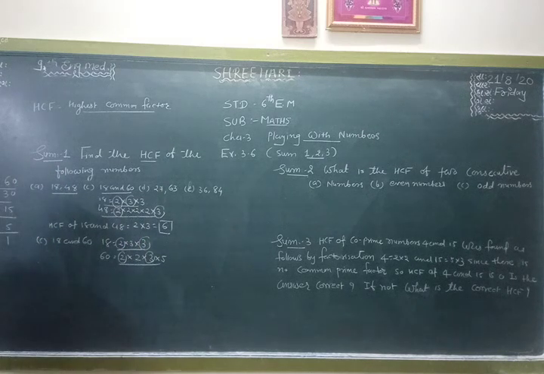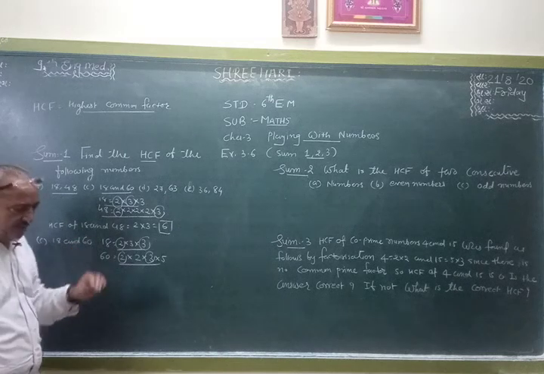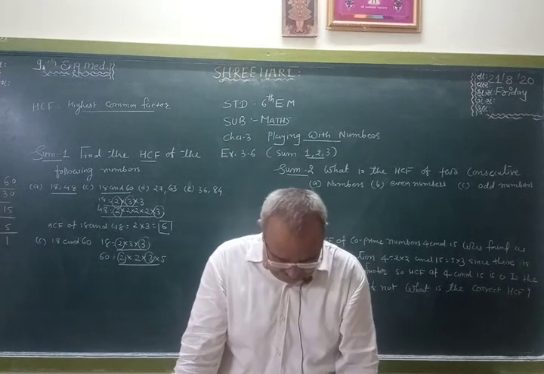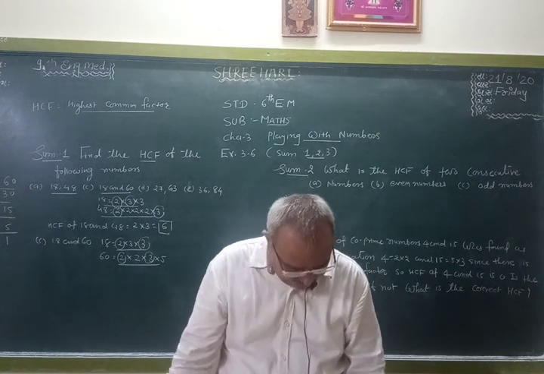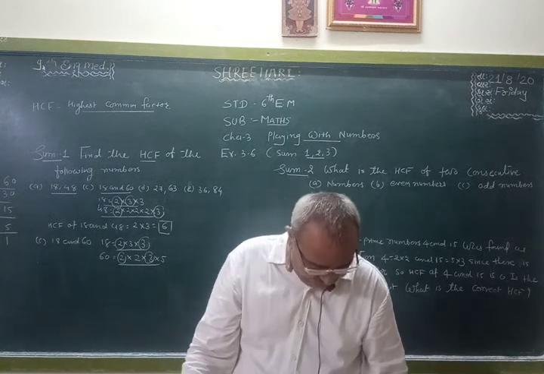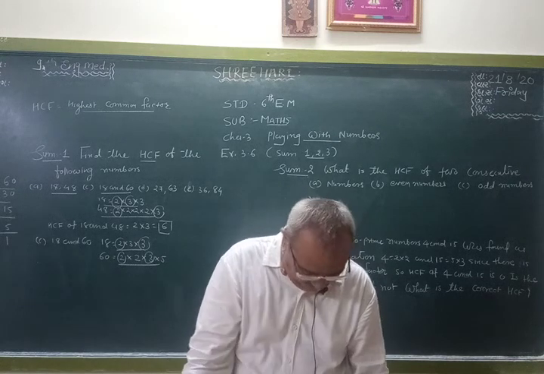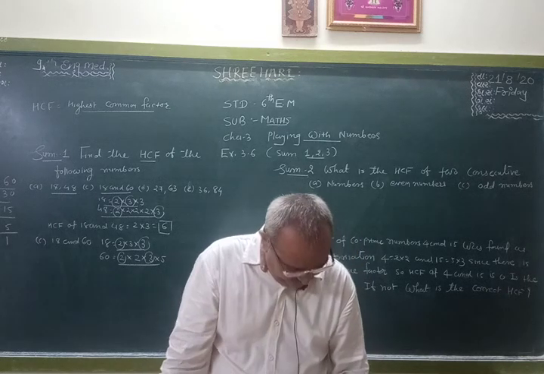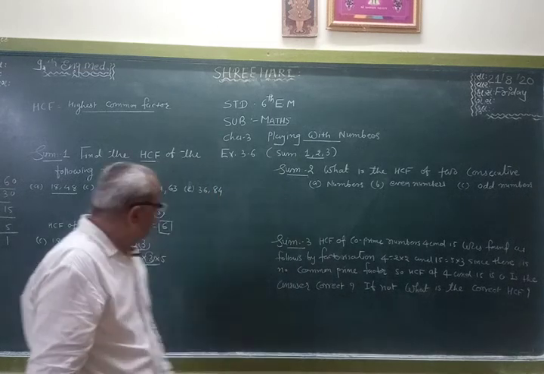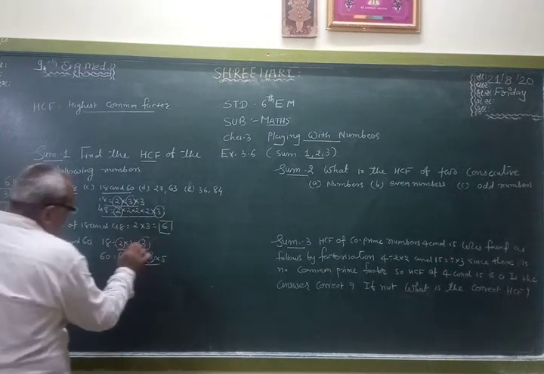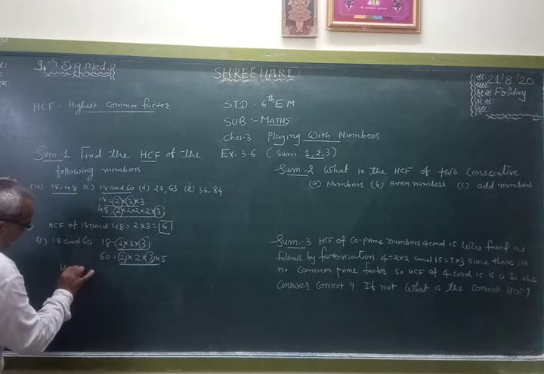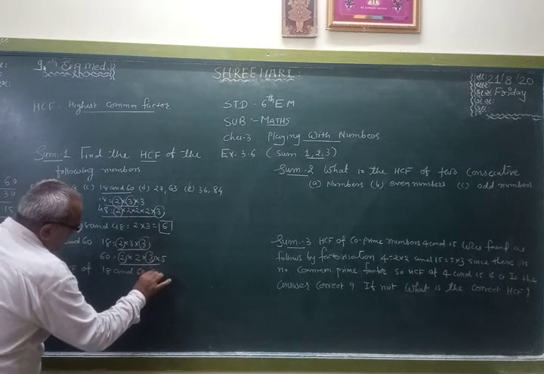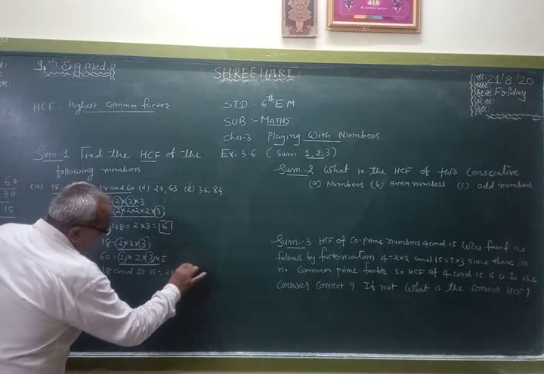So, friends, the HCF of 18 and 60 is 2 into 3, which is 6.